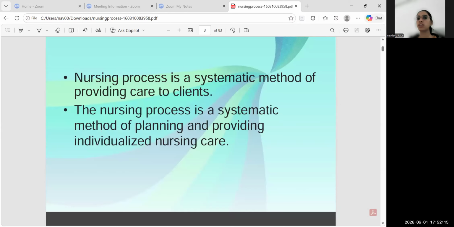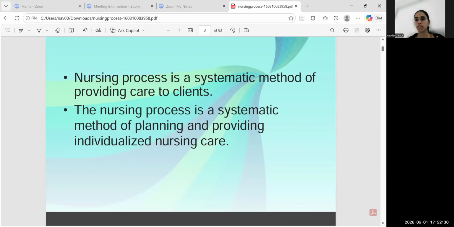And nursing process is a systematic method of providing care to the client, and whatever we follow related to the nursing process, that method is systematic, meaning it goes step by step.